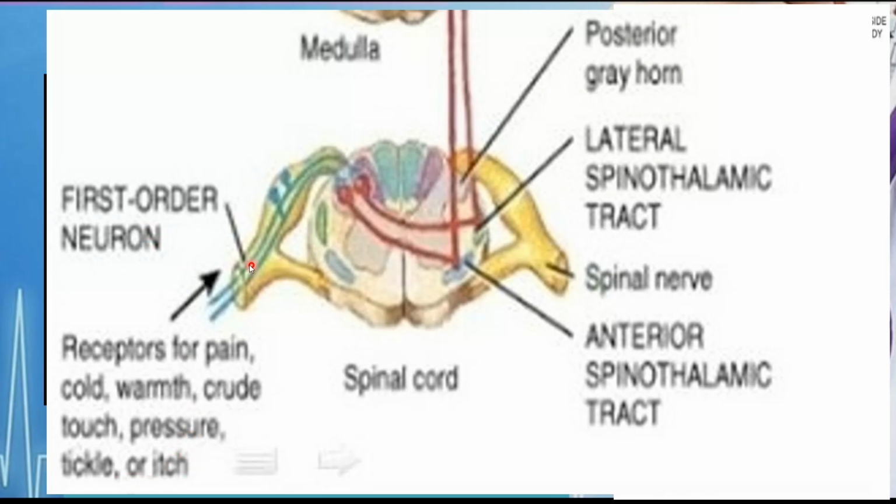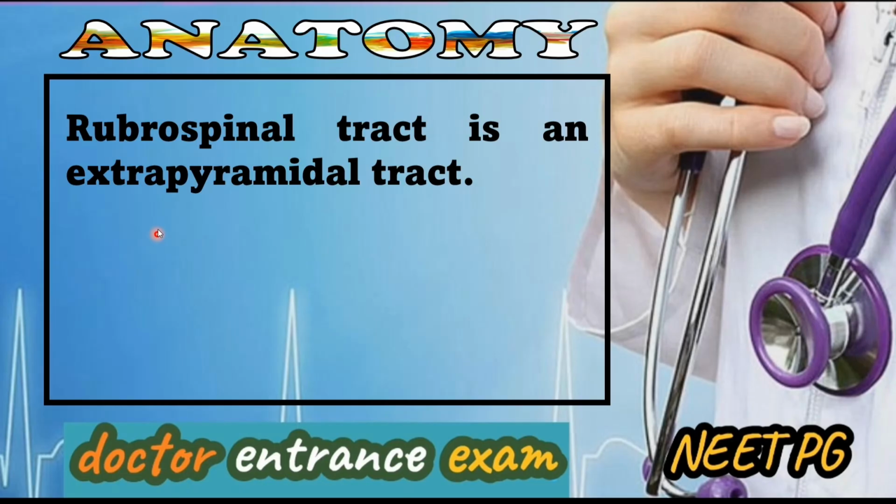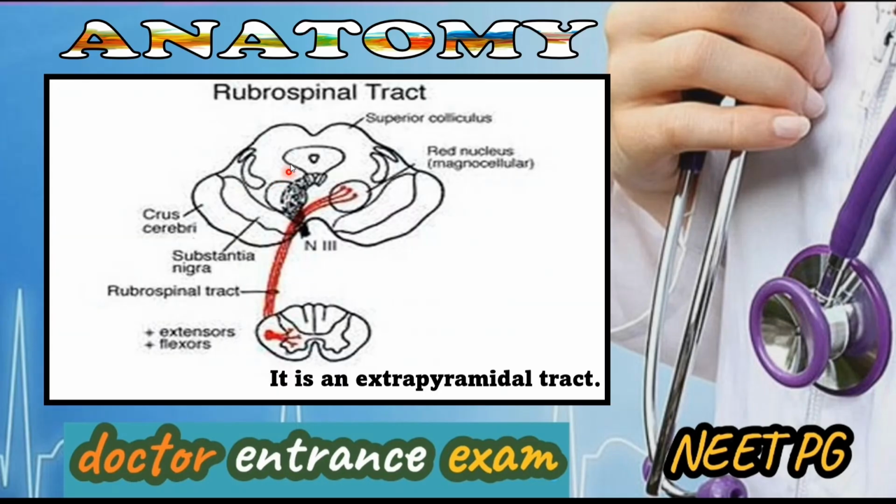First order neuron, posterior gray horn. Rubrospinal tract is an extrapyramidal tract. This is the rubrospinal tract. See the picture very carefully. Parts are labeled here.